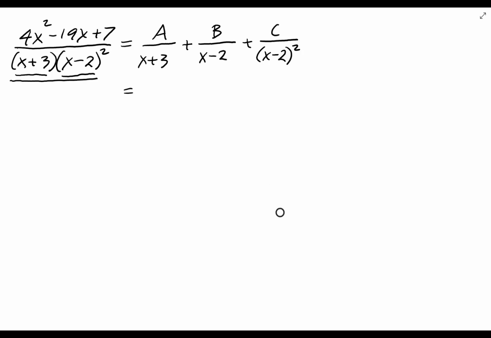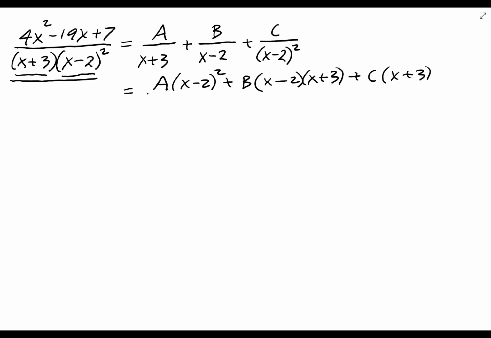So this thing is going to turn out, after we get common denominators and combine all these, to look like a times x minus 2 squared plus b times x minus 2 times x plus 3 plus c times x plus 3 over that common denominator, x plus 3 times x minus 2 squared.